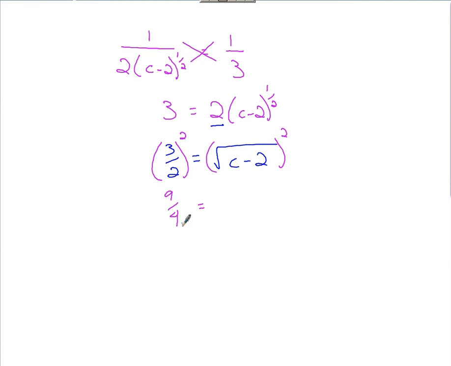Losing my root over here, I got c minus 2. Meaning, if I add this 2 over, finding a common denominator of 4, that'd be 8/4, right? c is going to come out to be 8 plus 9, 17 over 4.